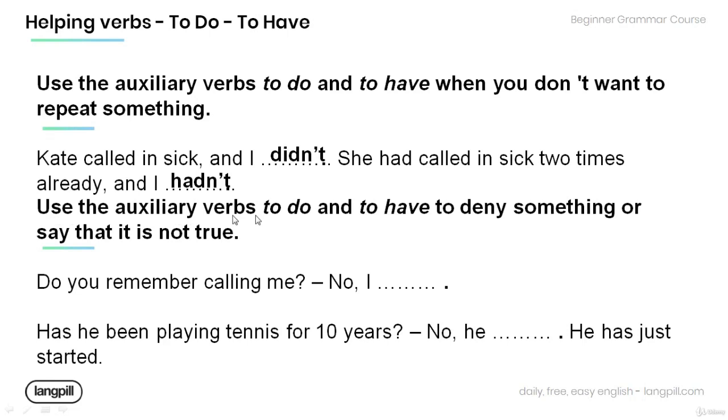Remember that we use the auxiliary verbs to do and to have to deny something or say that something is not true. Read the following sentences and fill in the blanks using the appropriate form of the helping verbs. Do you remember calling me?